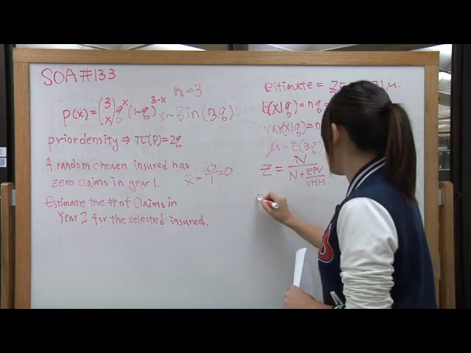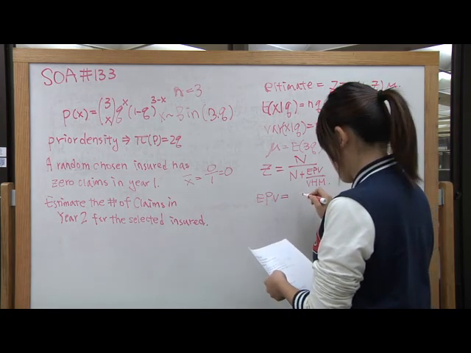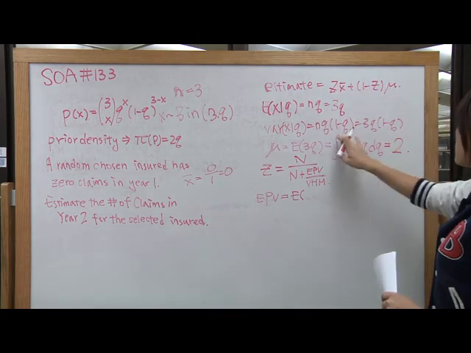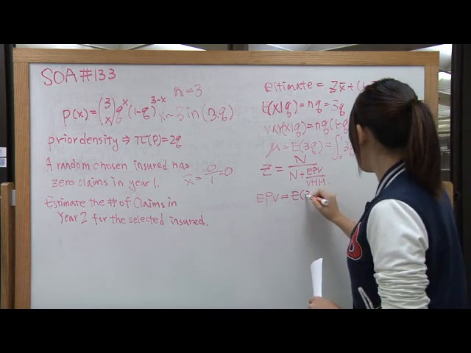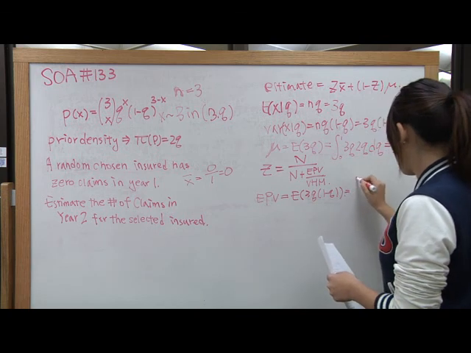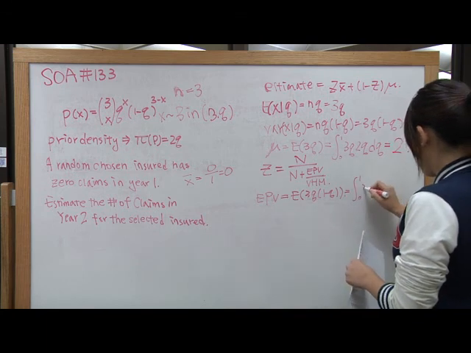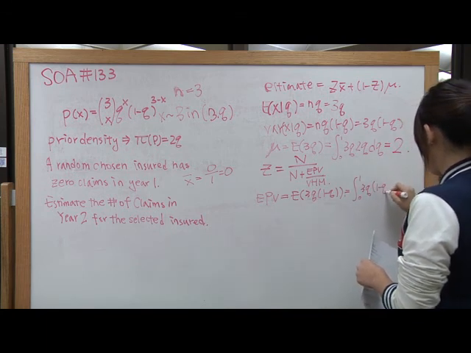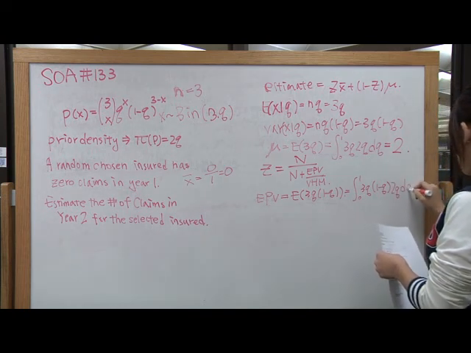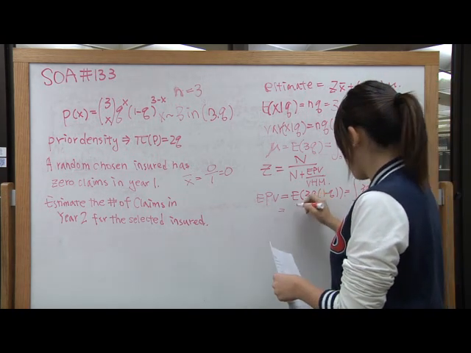To find EPV, you'll take the expected value of our process variance, which is 3q times 1 minus q. And take the integral from 0 to 1 of 3q times 1 minus q, times the density function, 2q, dq. And by doing that, you will have 0.5.